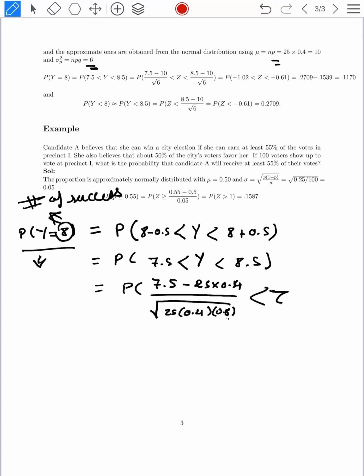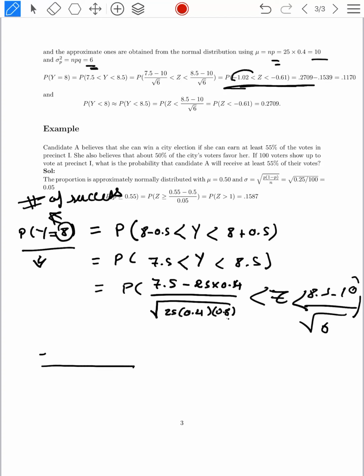Same for the other z: it's going to be 8.5 minus the mean, which is 10, divided by root 6, and you get this probability from the normal table. So these are the upper and the lower limits for the probabilities that we are looking for.